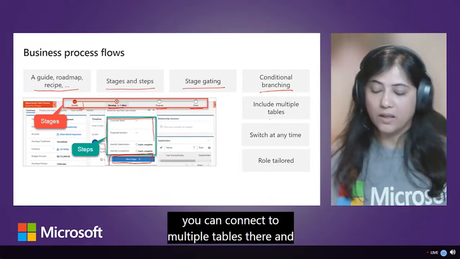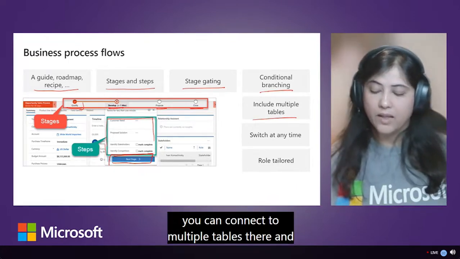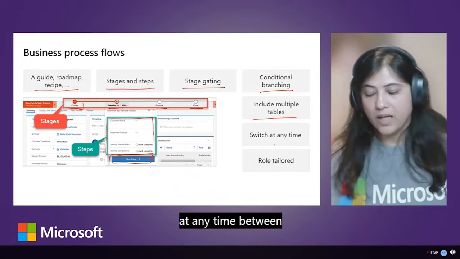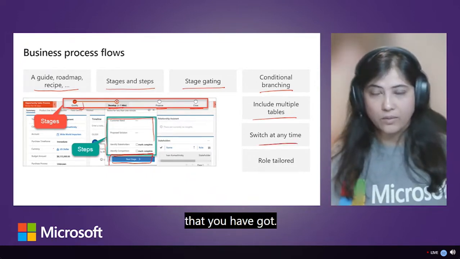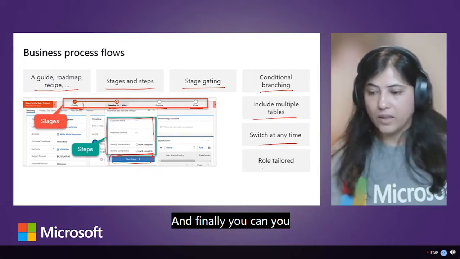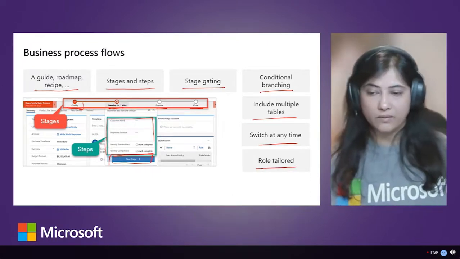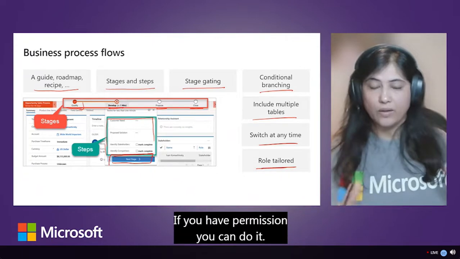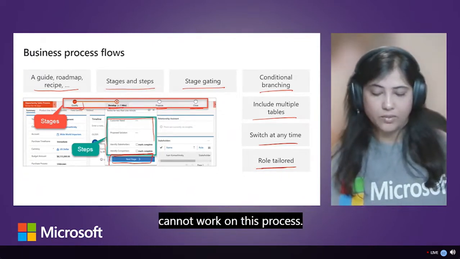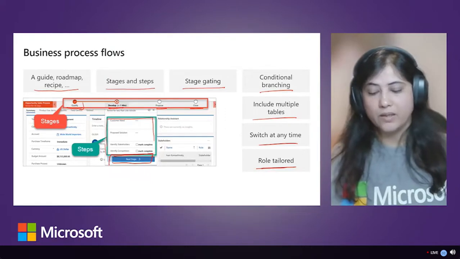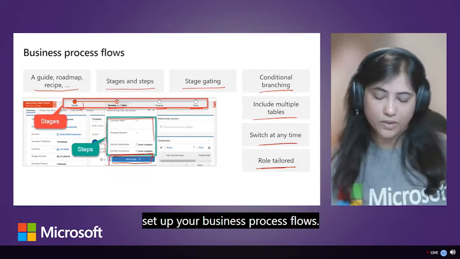You can connect to multiple tables, and you can switch at any time between different processes that you have. And finally, you have those role tailored, which means it's based on security. If you have permission, you can do it. If you don't, then you cannot work on this process. So that's how you can set up your business process flows.